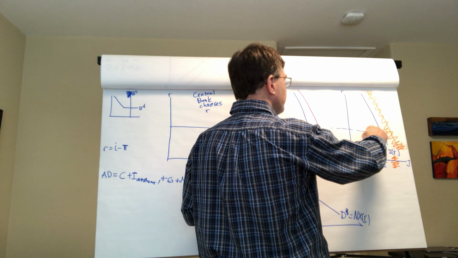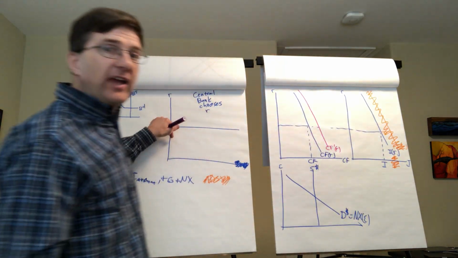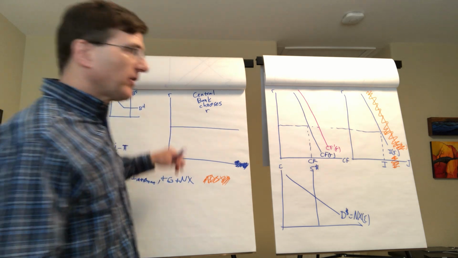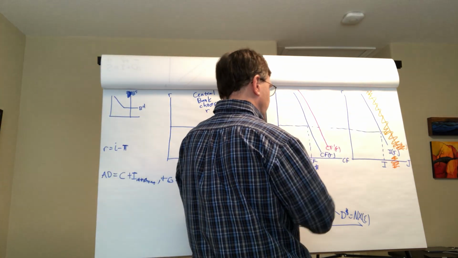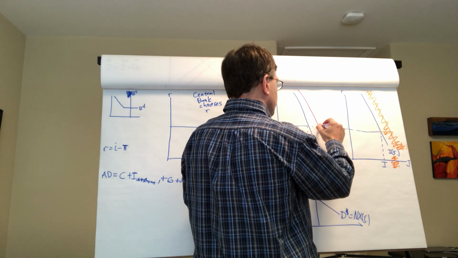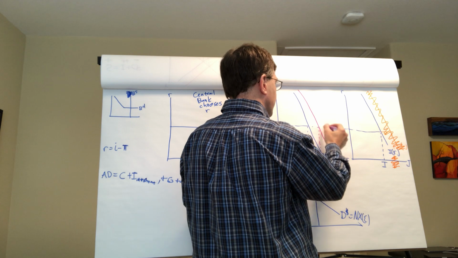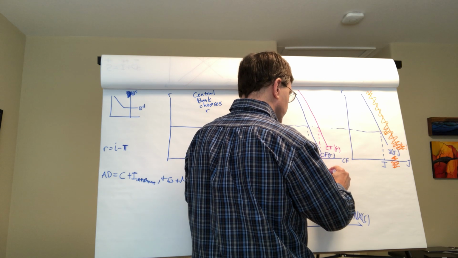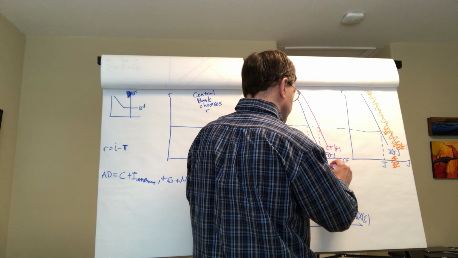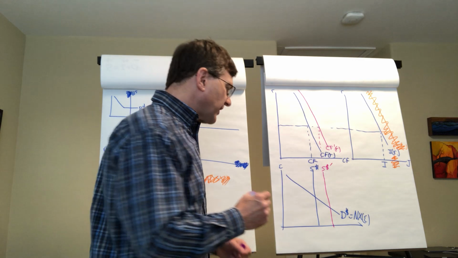Why? Because first of all, the interest rate stays the same, because that's fixed by the central bank by assumption. And so the quantity of investment stays the same. And we clearly have a higher quantity of capital flow. There's not even anything tricky here because the interest rate didn't change. So the shift out in the curve for the same interest rate gives us a greater supply of dollars, which lowers the real exchange rate.